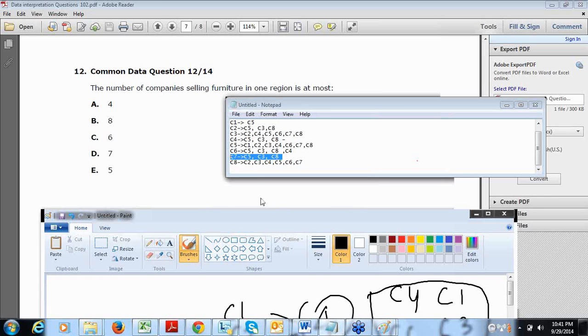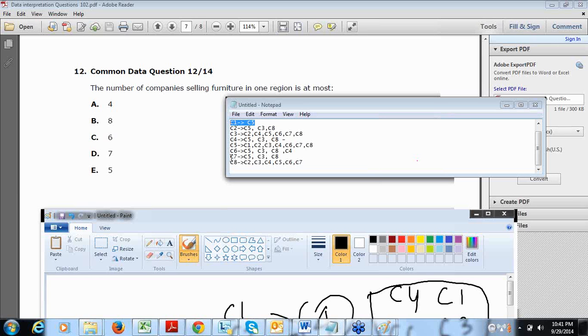So the maximum could be 4. So we will not include C1, C2 and C7.